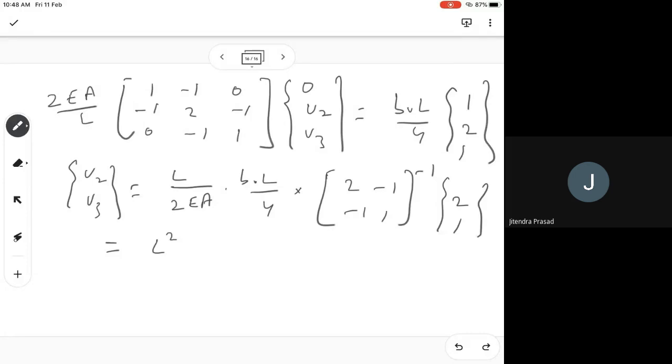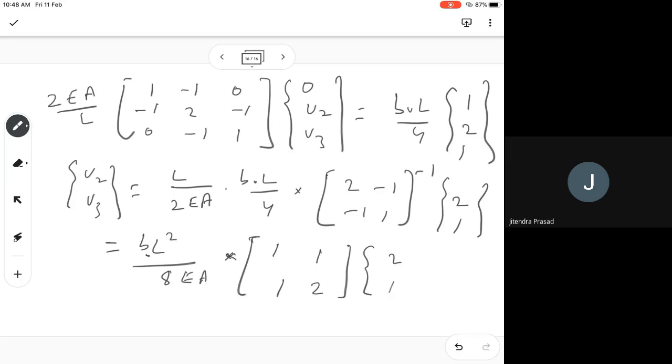So here we get this L square, B naught divided by 8EA, right? So B naught L square over 8EA, and then we are going to invert it. Yeah, and we get 1 1, then 1 2, multiplied by 1, 1.